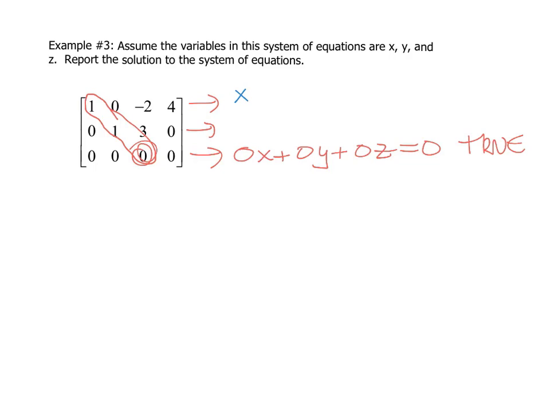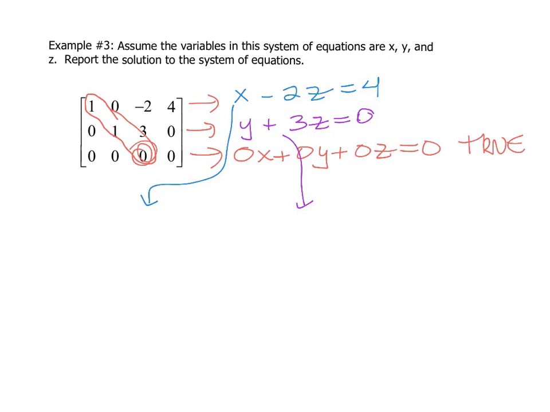So the first row tells me x minus 2z is 4. The second row tells me y plus 3z equals 0. What we've got here is a formula with x and z, and a formula with y and z, and what I can do is solve both of those equations for x and for y.